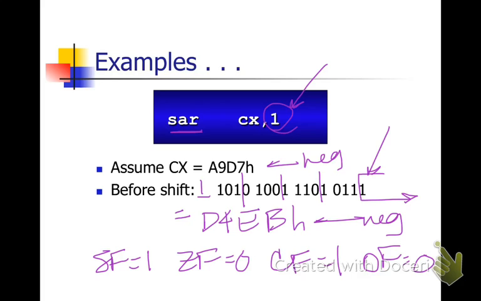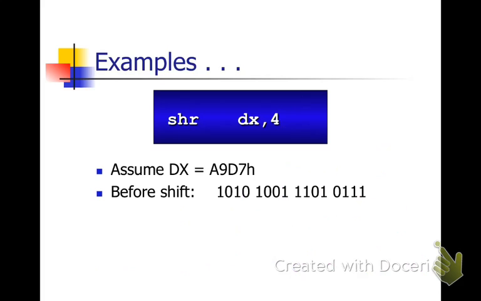All right, now let's do a multi-bit shift just to see what the difference is. This is a logical shift to the right by 4 bits of DX. So here I've got, again, my same starting values. This is a logical shift right by 4. So these 4 bits go out.